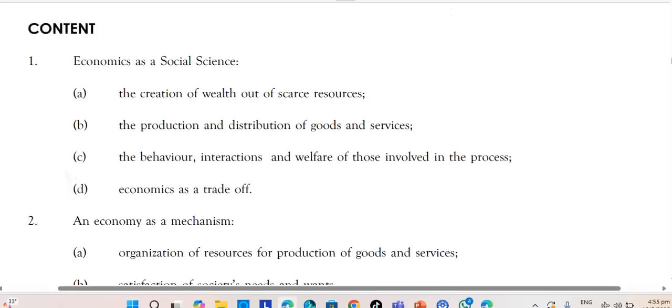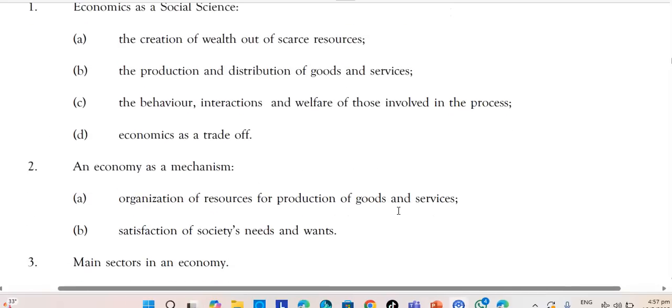All right, so we're going to look at economics as a trade-off. Now, what do you think a trade-off is? What do we mean by economics as a trade-off? Well, a trade-off in economics means you are giving up one thing to gain another due to limited resources.